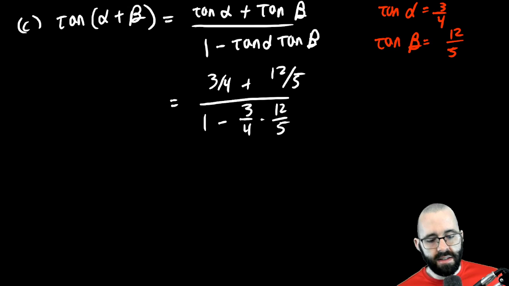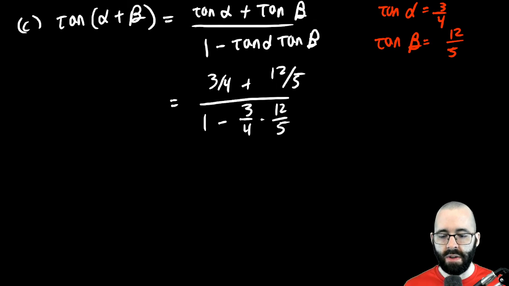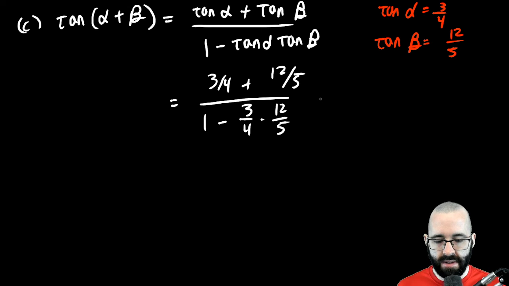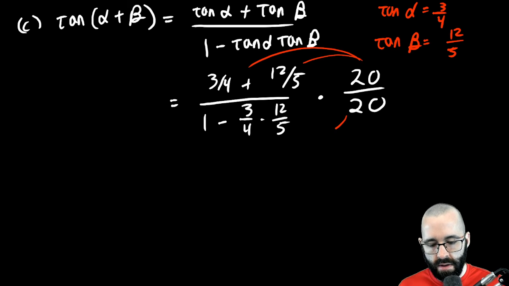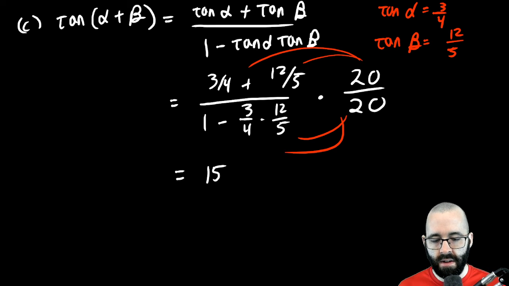And you could simplify this in a variety of ways, but one of the ways to do it is to multiply the top and the bottom by the LCD. Multiply everything by 20/20 and distribute that. Because what that's going to do is the first one becomes 60/4, which is just 15. 3/4 of 20 is 15.